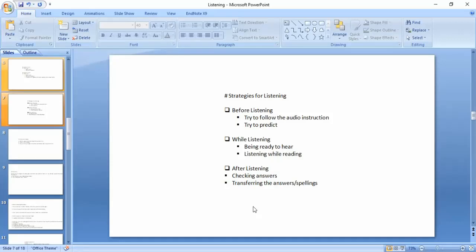While you underline these keywords, you will have some idea about what this conversation is going to talk about. That way you can predict, or gear your thinking towards that subject matter.